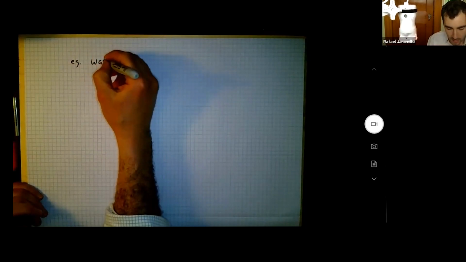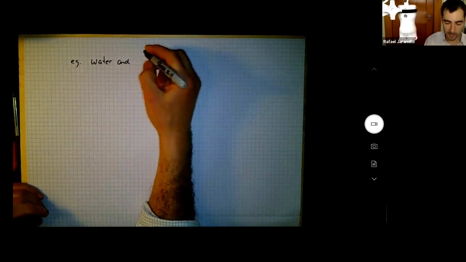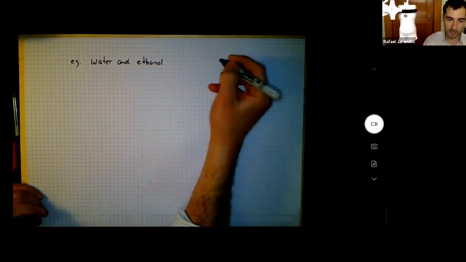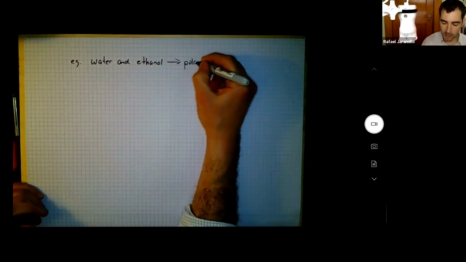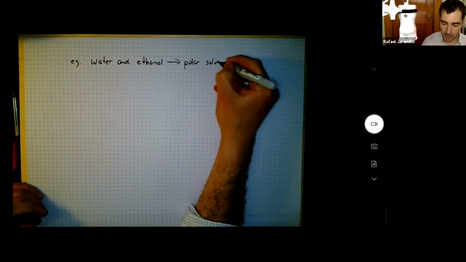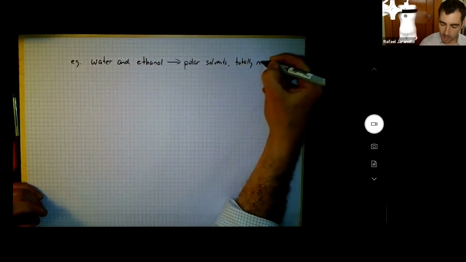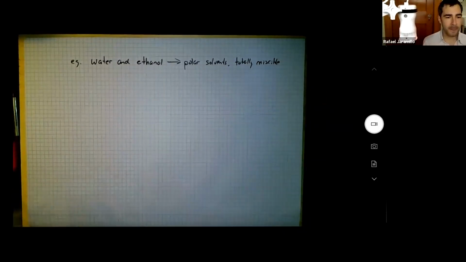What about water and ethanol? Well, these are both polar solvents, and they're totally miscible. What does that mean, totally miscible? Anybody?